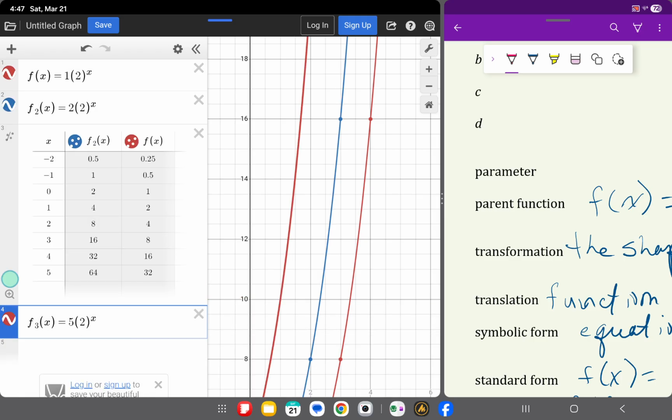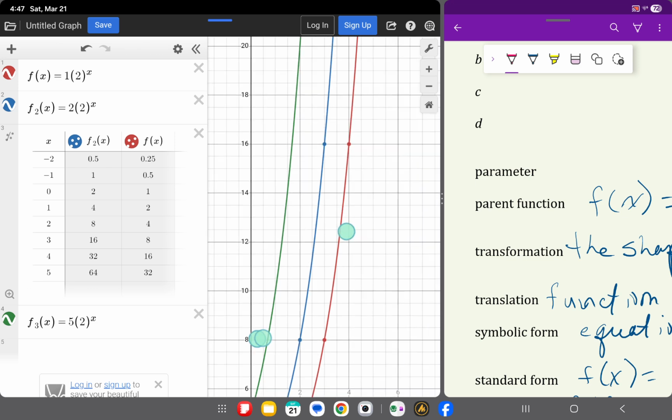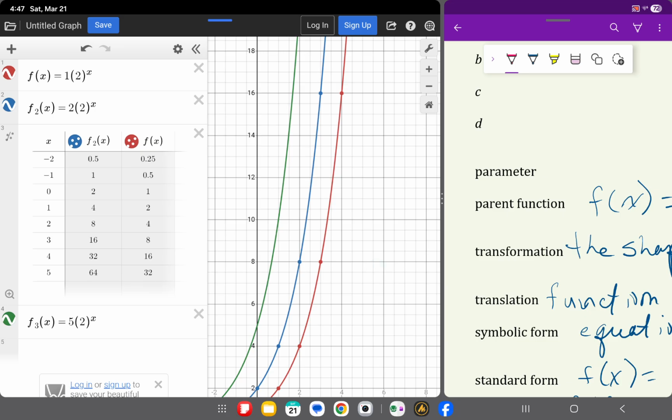Okay, I don't want that to be red, I want it to be a different color, so let's do this one in green. And if I come over here and see what happens in my table, I can see that this green function is growing much more quickly. It will have the same asymptote, but the different y-intercept is now crossing at the point (0, 5).